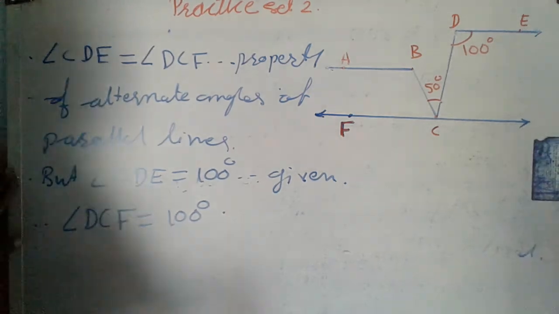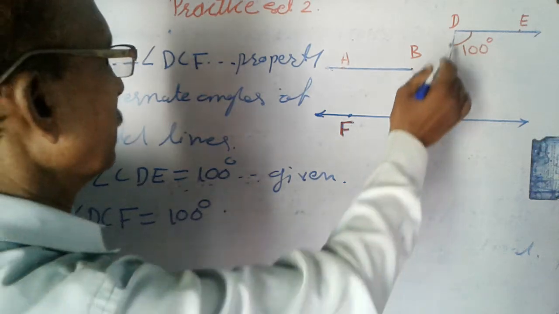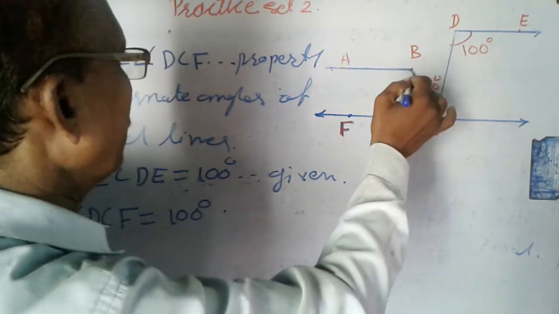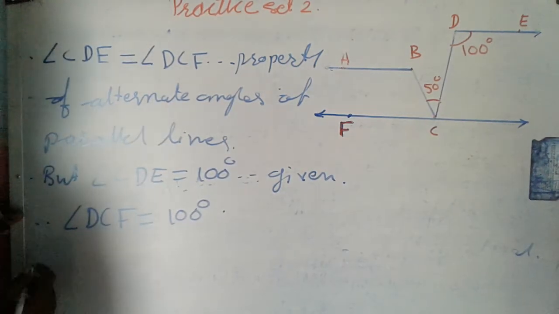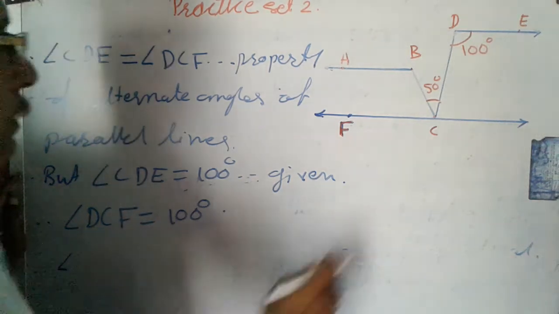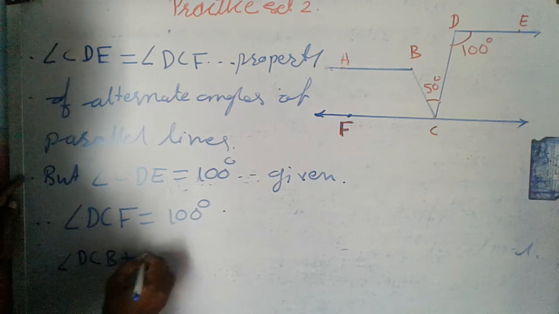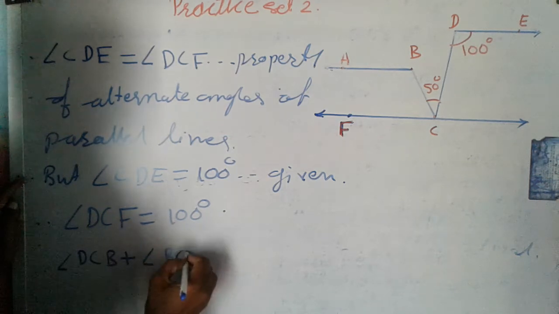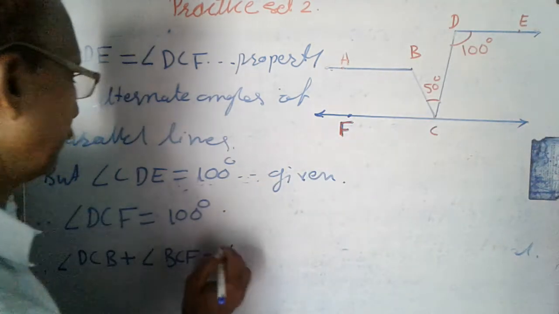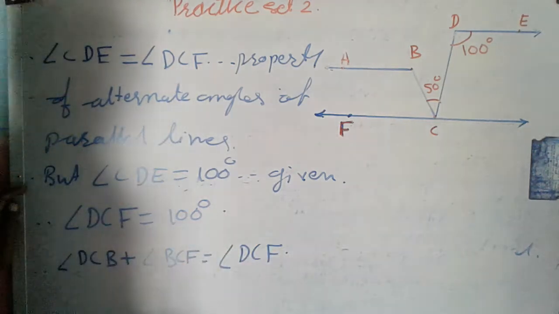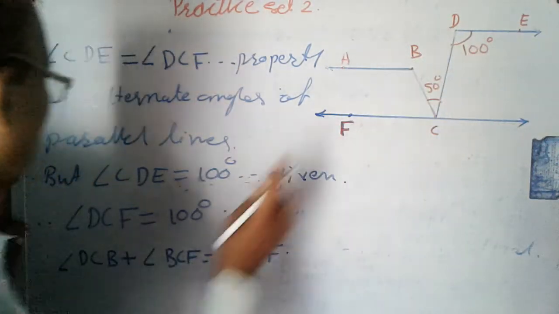Now see here, this angle DCF is the sum of two angles, angle DCB and angle BCF. Therefore, angle DCB plus angle BCF is equal to angle DCF. Here angle DCB is given as 50 degrees.